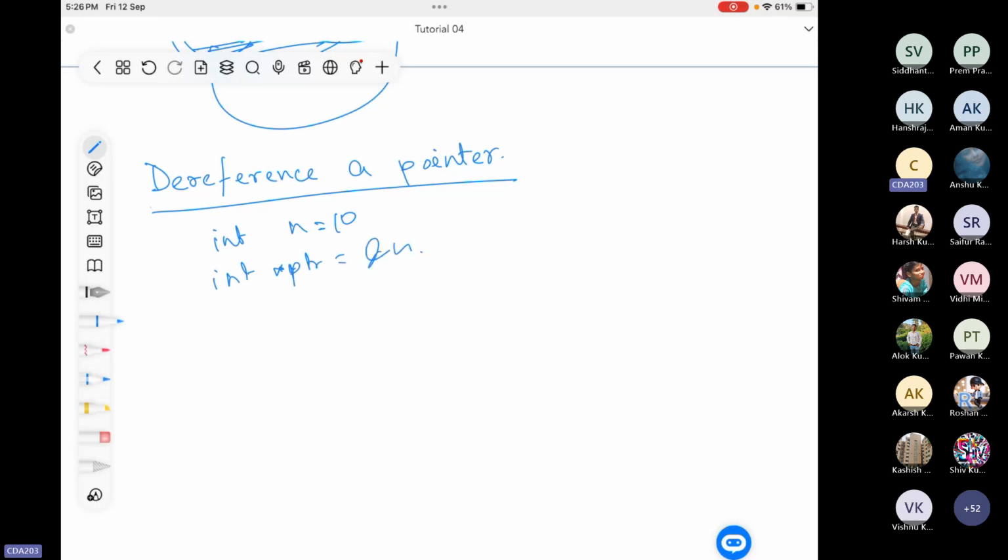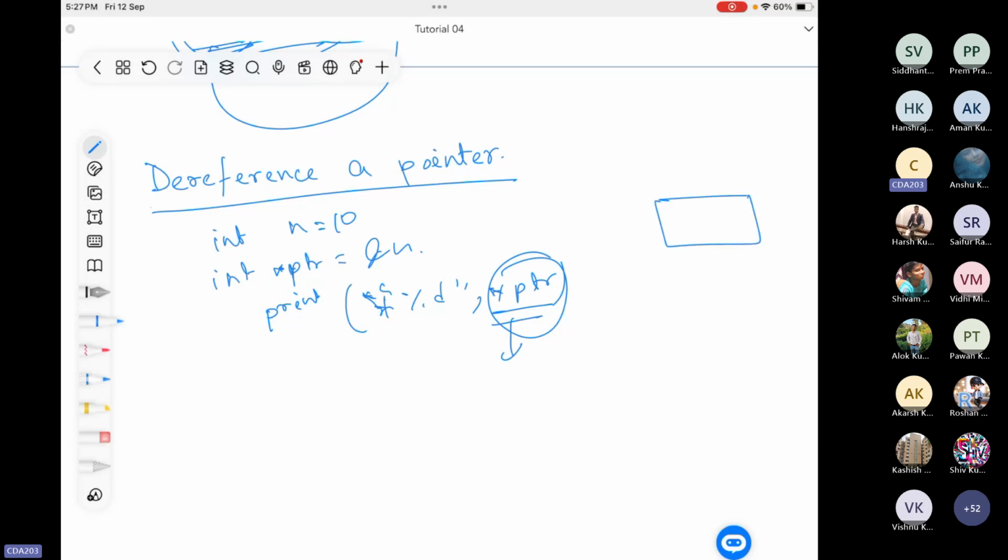If you ask for star ptr, this is basically the value stored at the location it is pointing to.